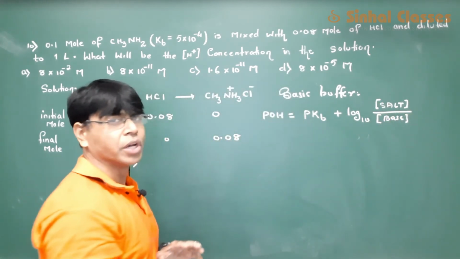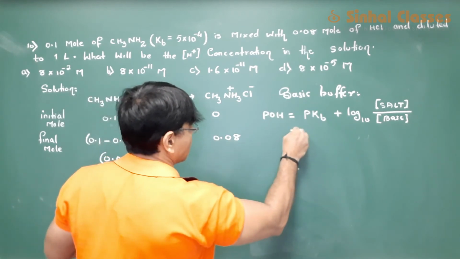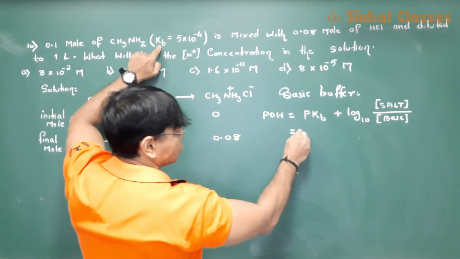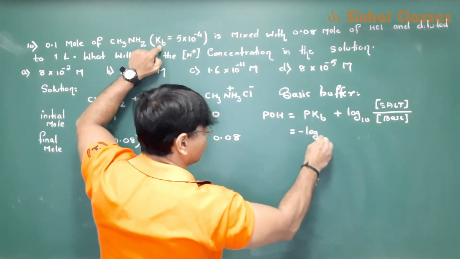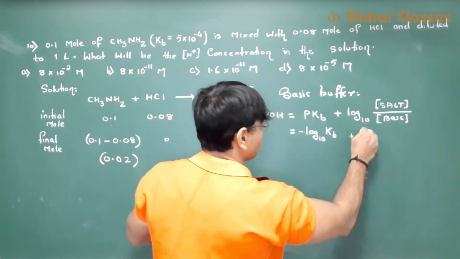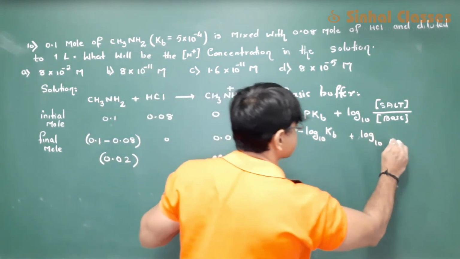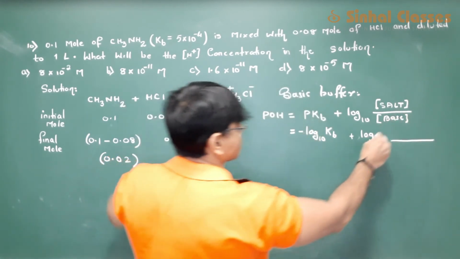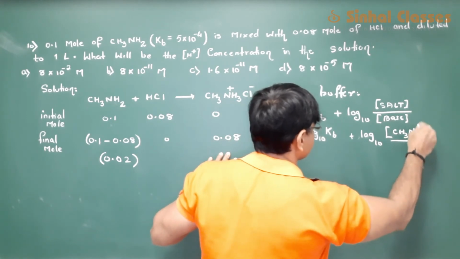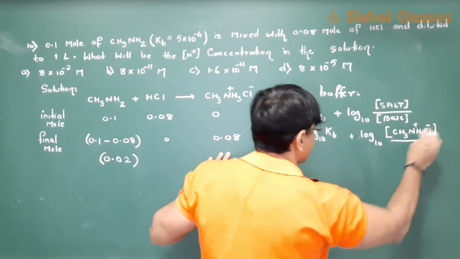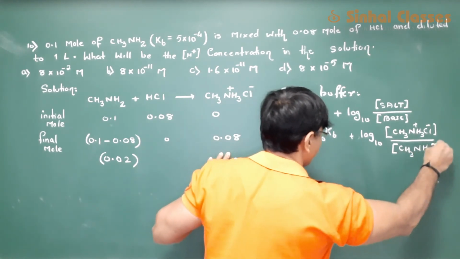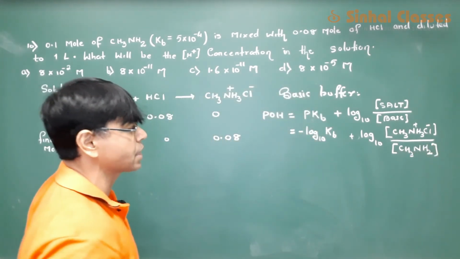Now putting the values here, what is pKb? Negative log of Kb. So negative log to the base 10 of Kb is your pKb, plus log to the base 10 of the concentration of CH3NH3 plus Cl minus, the salt, upon the concentration of the base, methylamine.